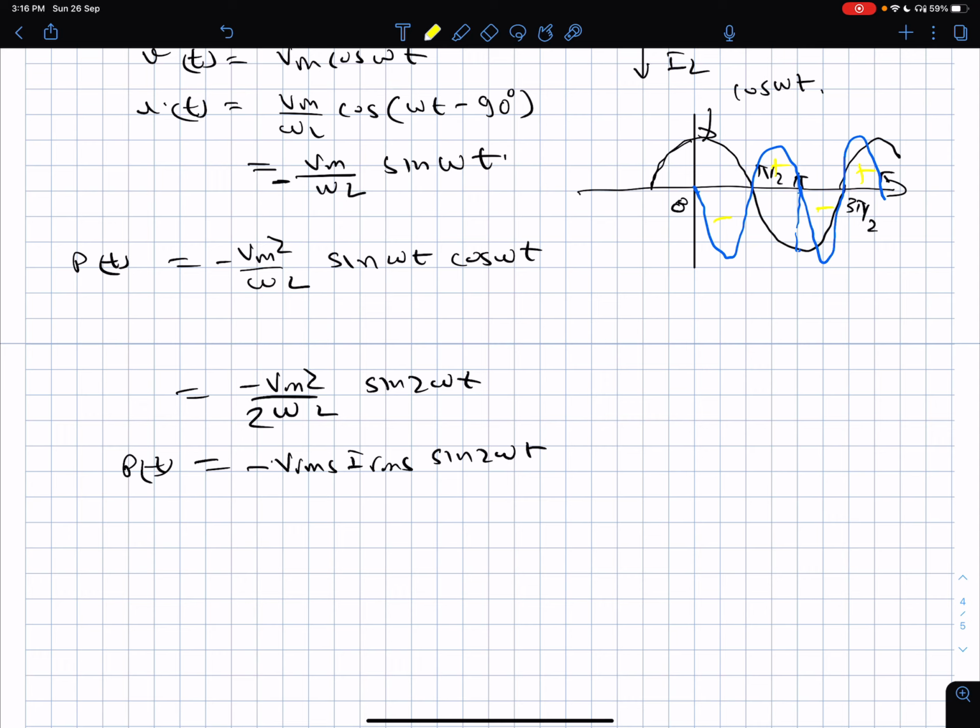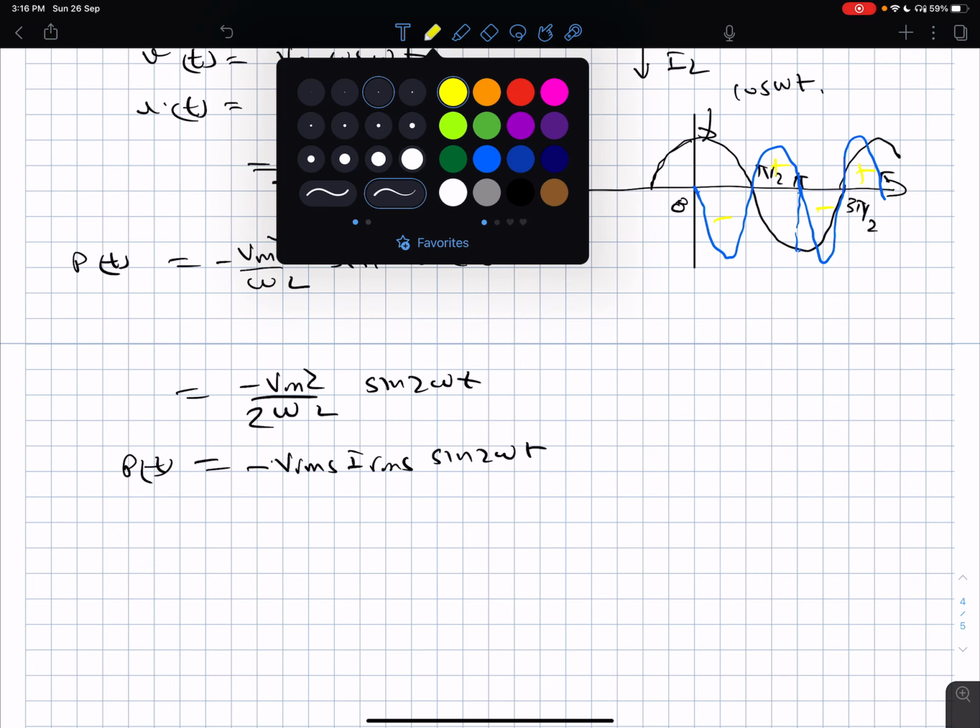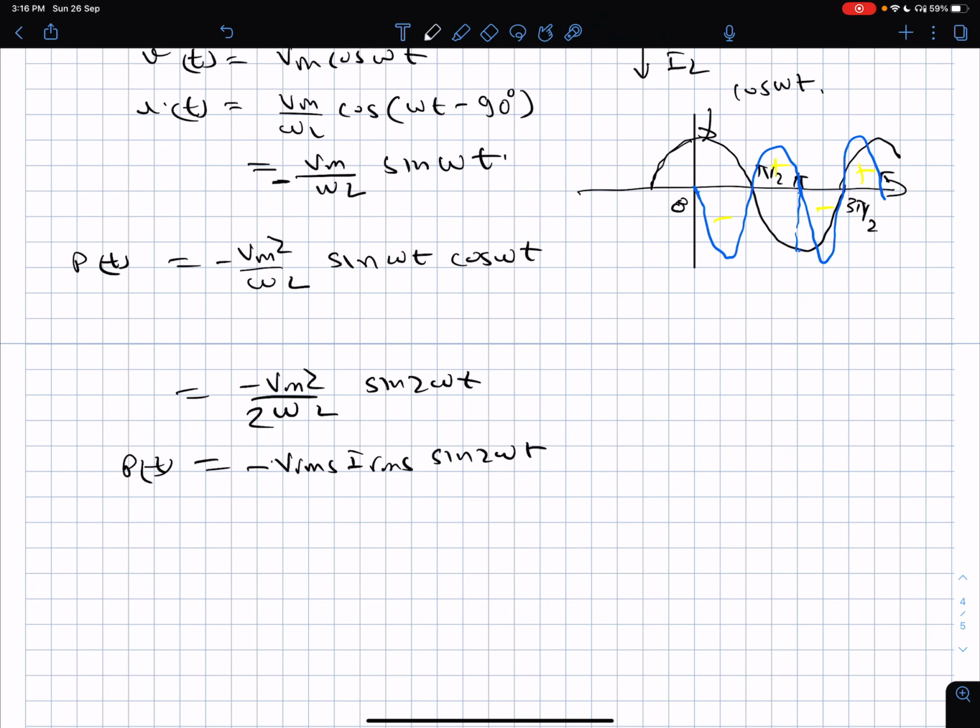The instantaneous power always completes two cycles in one cycle of the voltage or current waveform. And since there is no average here, it's all around the zero value, so though the instantaneous power is so many watts, the average power is going to be 0 watts.